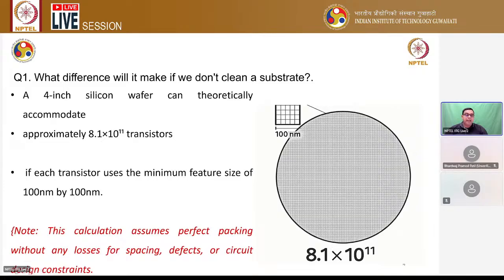In that case, you can pattern around 8.1 × 10^11 transistors, or if you consider a sensor of this particular size, say 100 nanometer by 100 nanometer, you can ideally pattern of the order of 8.1 × 10^11 such sensors on a 4-inch silicon wafer.